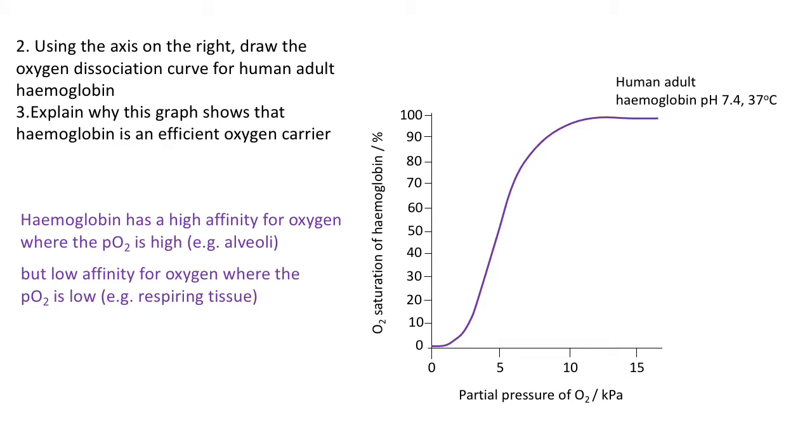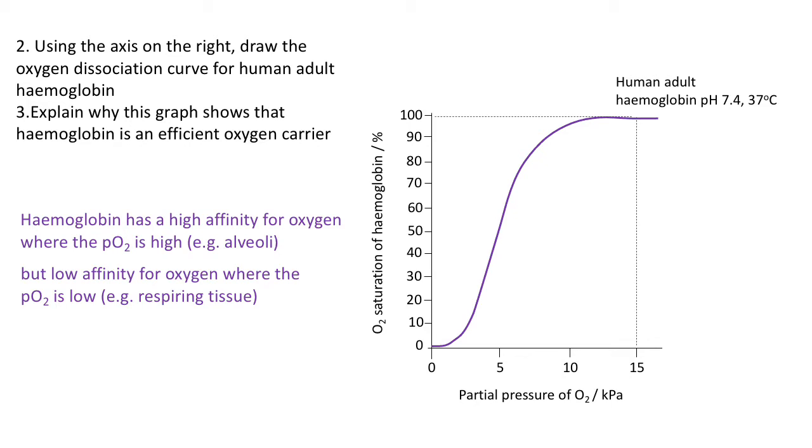So let's look at this on the graph just to put it into context. So if we look at the partial pressure of oxygen at 15 kilopascals, so a high partial pressure, let's draw a line on the graph there, we can see that the O2 saturation of hemoglobin is high, so it's almost 100%.